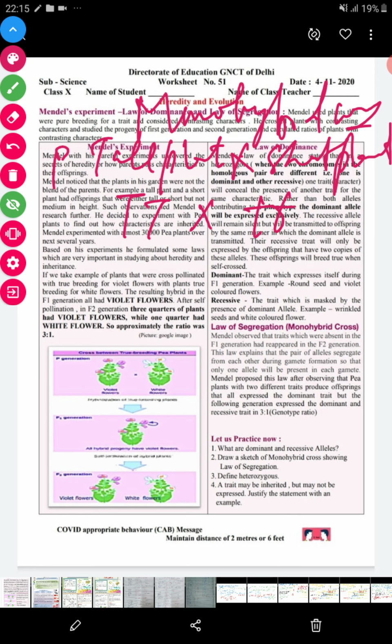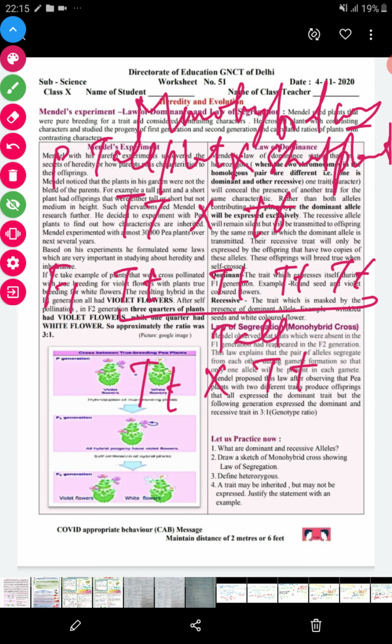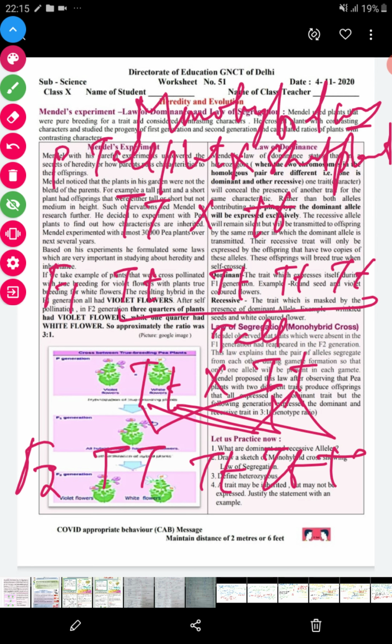So you can write the F1 generation, we have Tt, all are tall, and when this is crossed with each other, self pollination is there, so we will get the F2 generation with TT, Tt, Tt and tt.